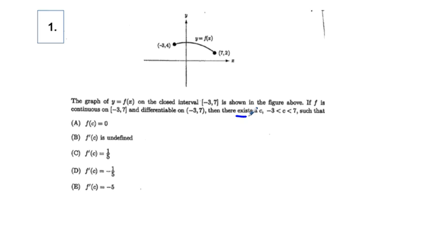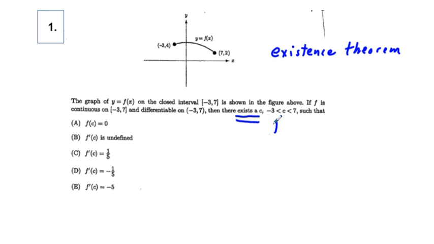When it says exists or must be, this is called an existence theorem problem. And whenever you have an existence theorem problem, you have three main choices.